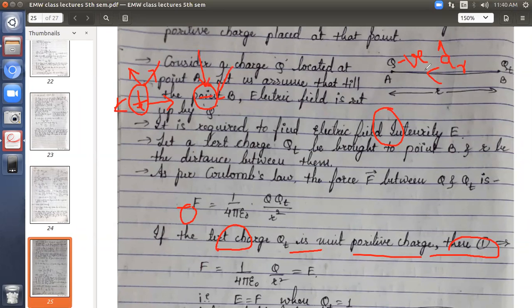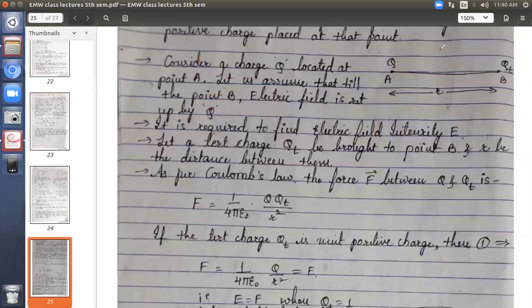So remember that: positive means diverge, negative means converge. If you consider Q as negative, put the converging direction, coming in. That will be your direction of r cap. So the field direction and force direction will also be the same way, not outward but inward, coming into Q.